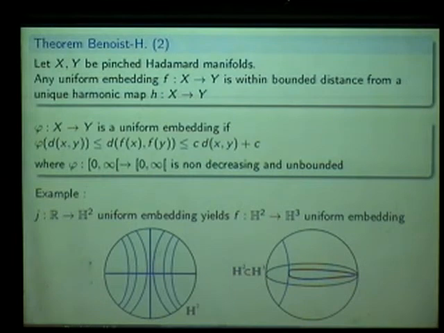And then you extend this map from H2 to H3. For the moment, it's only defined on the red geodesic, by sending any geodesic that meets the red geodesic orthogonally to a geodesic on the right, which starts from the right point and which is orthogonal to the horizontal, say, totally geodesic H2. Of course, it's easy to find the red map so that you have a coarse embedding, and you end up with a map from H2 to H3 which is a uniform or coarse embedding, but which is not quasi-isometric.